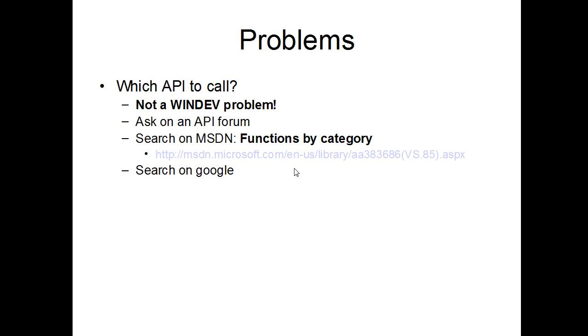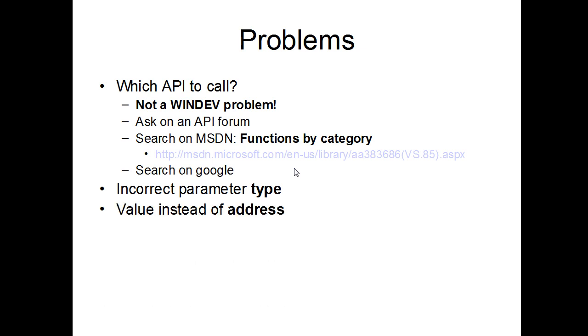Now, that's once you know which API to call, the problems are going to be the following, and that's a given. We all get through those. It's perfectly normal. You will have incorrect parameter type. That's a problem that you'll get all the time. You'll miss something. You will also get errors because you're sending a value instead of an address.